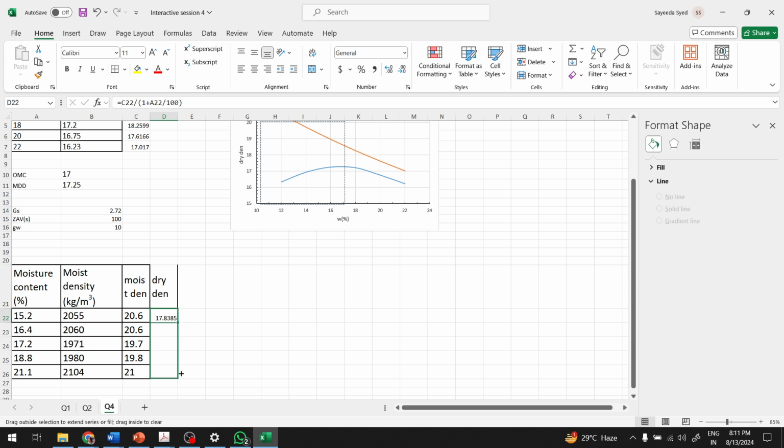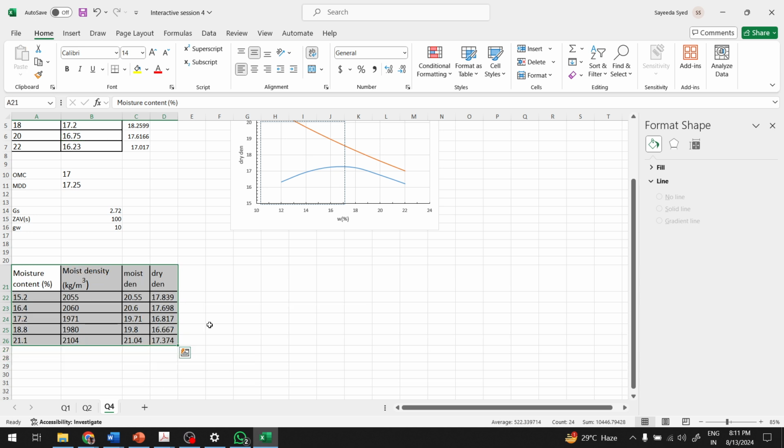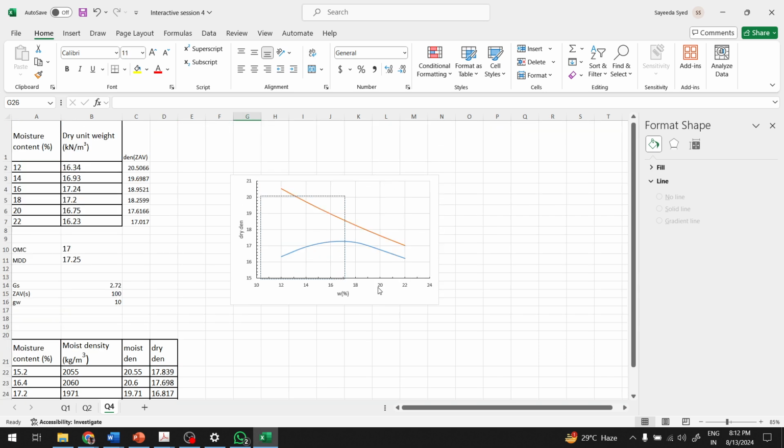This is the dry density. Let's draw these as scatter points.